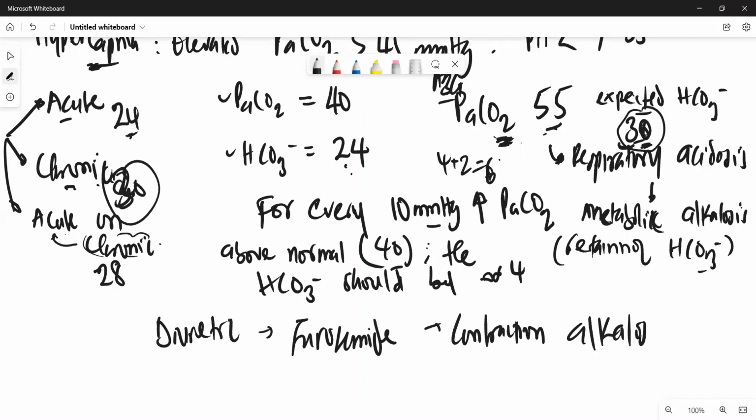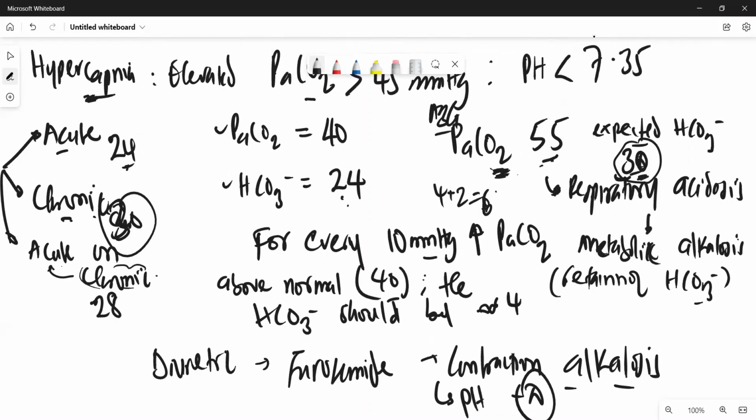So in addition to the compensation, this patient may also have contraction alkalosis on top of it. Most of the time, these patients also have a mixed disorder, respiratory acidosis and metabolic alkalosis, and when you look at the pH, the pH could be normal. Yes. One of these days, we're going to do a whole lecture on acid-base disorders.